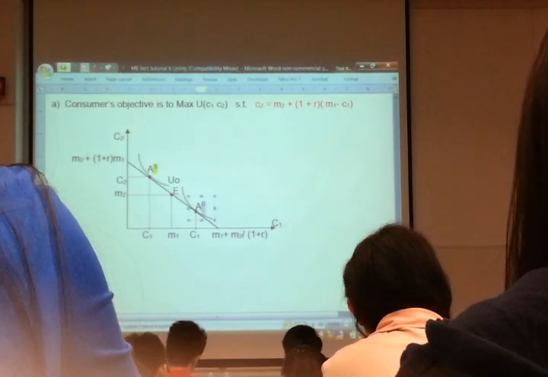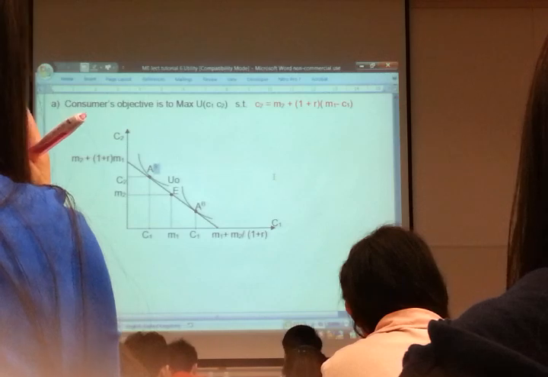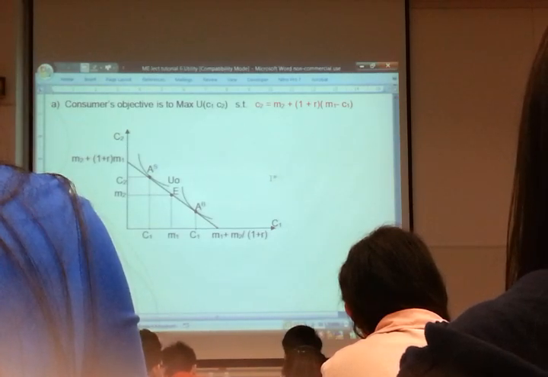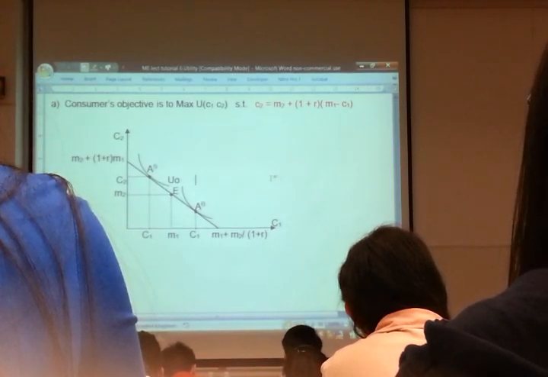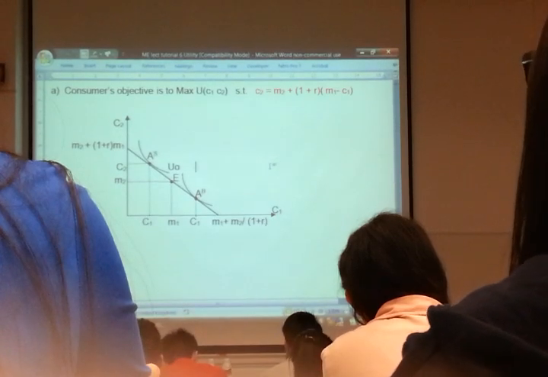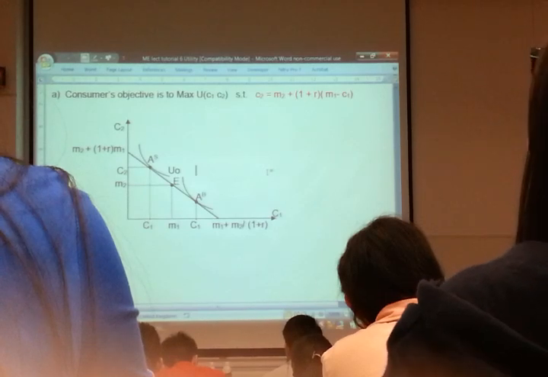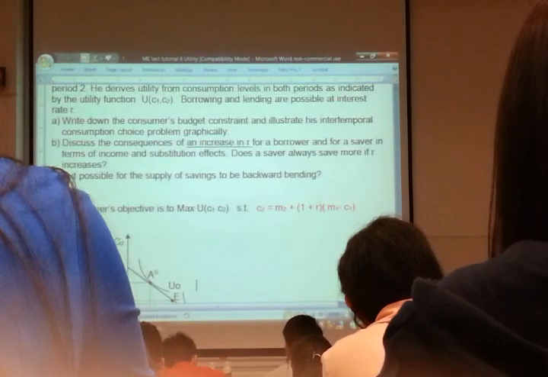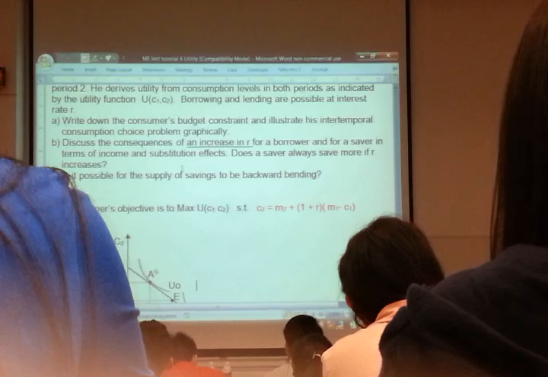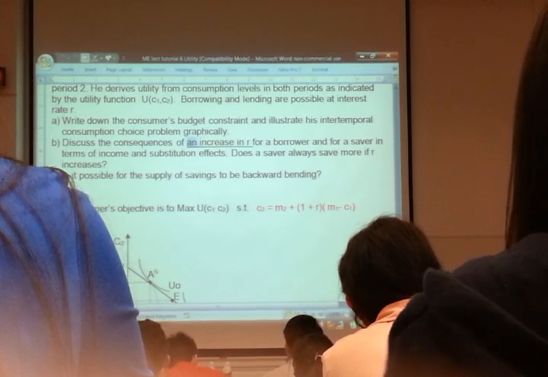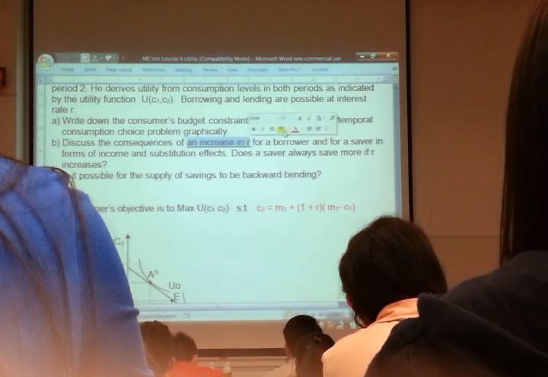So then, after you draw this, what did the question ask you to do? To analyze the effect of what? A rise in interest rate R. Right. Analyze the effect of an increase in R.